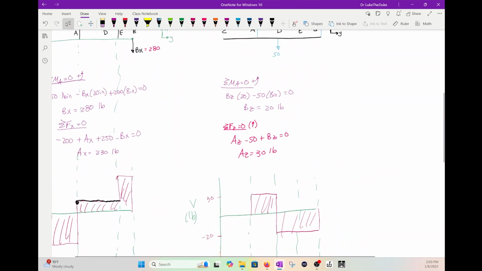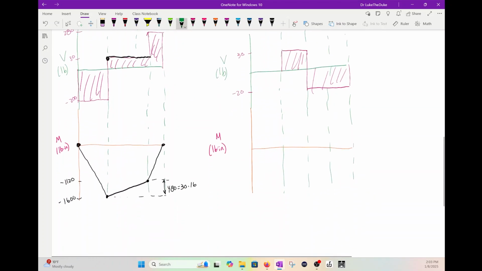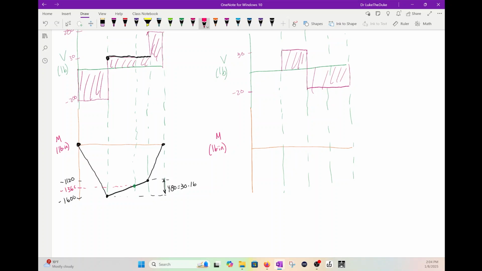Now, I forgot a line over here, which is fine. We'll put it in now, because we need to know the moment there. That point right there. I'll just go over. So right here, this is negative 1360.